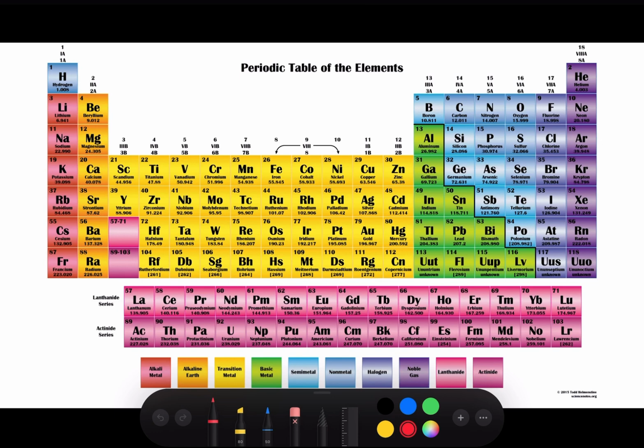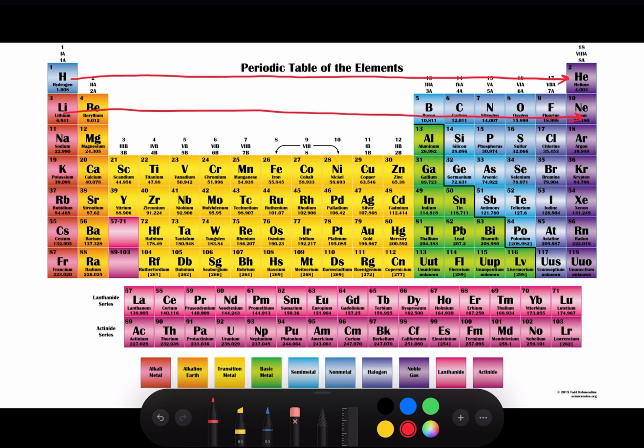The elements which are arranged in horizontal rows are called periods. This is also a period. So the horizontal rows are called periods.